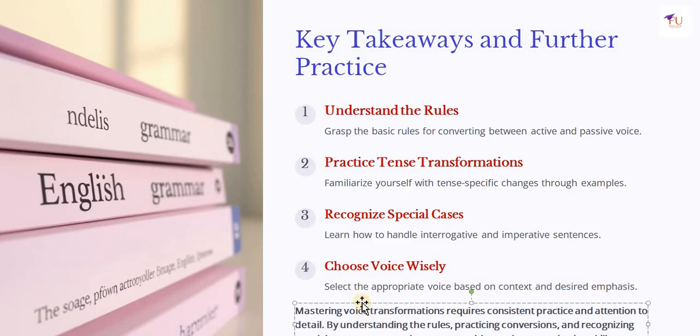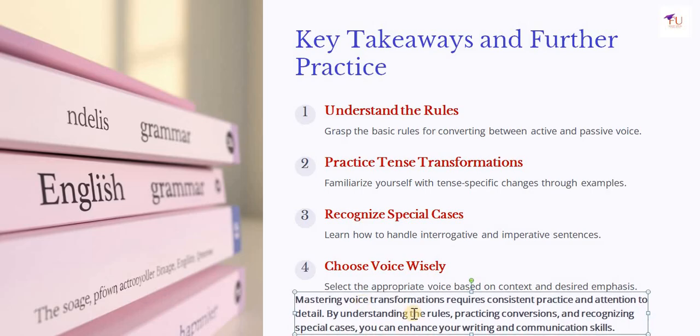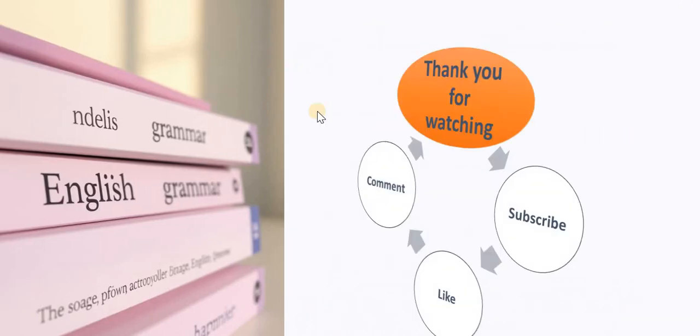I should know these things in detail. Mastering voice transformation requires consistent practice, attention and detail. By understanding the rules, practicing conversions and recognizing special cases, you can enhance your writing and communication skills. So it's very important in the English language to focus on all the important information we have discussed.